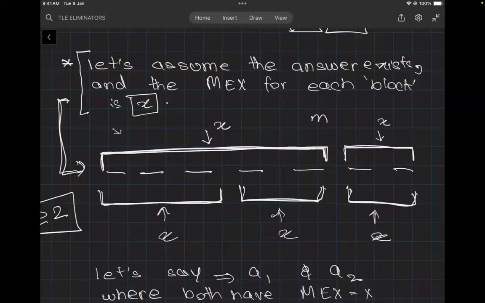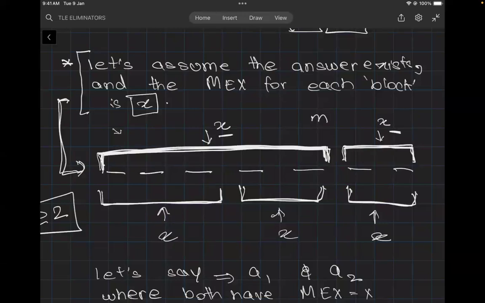Is this much clear, guys? Tell me. Is this much clear that the answer exists, and let's say there are some subarrays such that the max of each subarray is x? It's the same as saying that there are two subarrays, both with max x, because I will just merge all of the first whatever subarrays and I will keep the last subarray with max x.